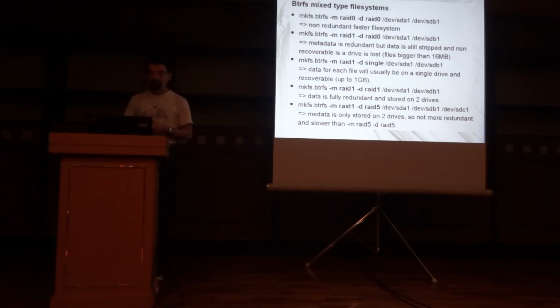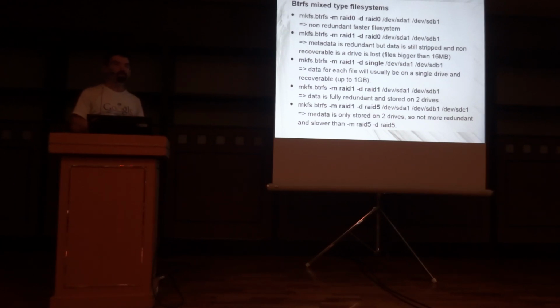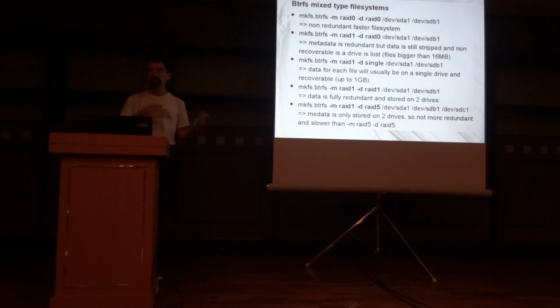Alright, so I talked about RAID 0 and RAID 1. What's very interesting with Btrfs is that you can give a different RAID level for the metadata and the data. And you may ask yourself, why? Well, you can actually say, hey, I want my metadata to be RAID 1, but my data is okay if it's only RAID 0.